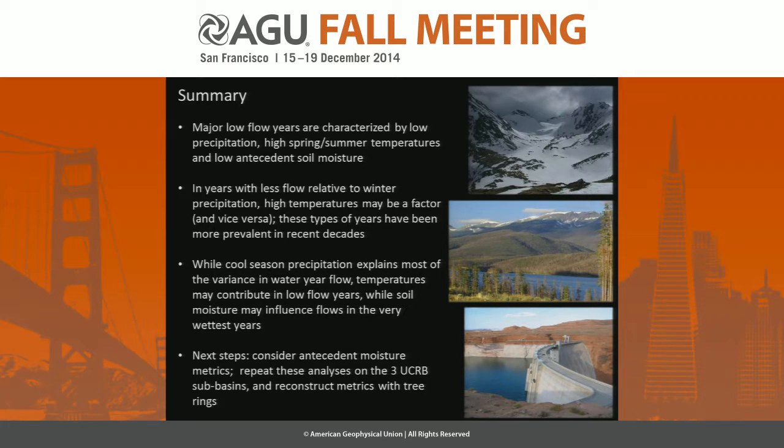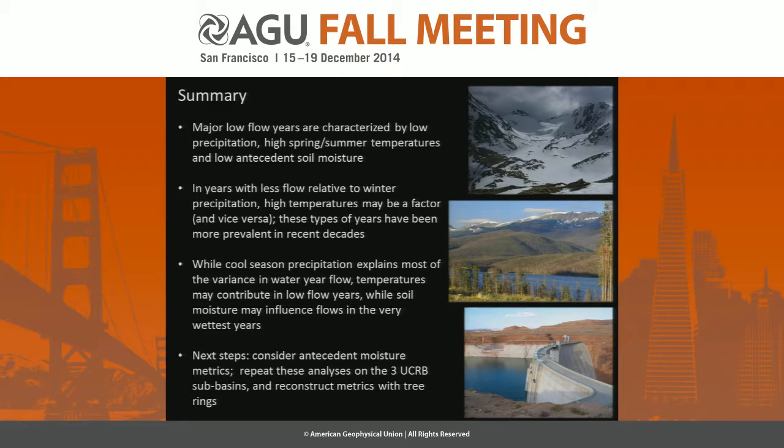We met with our Reclamation colleagues last week, and we were talking about maybe there's a better metric for looking at antecedent moisture conditions in terms of its importance for streamflow. So we're discussing that. We're going to do this analysis for three of the major subbasins in the Colorado River Basin.